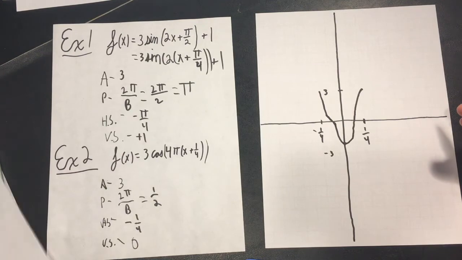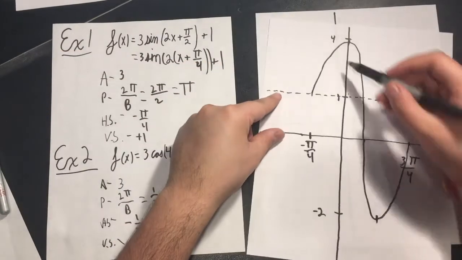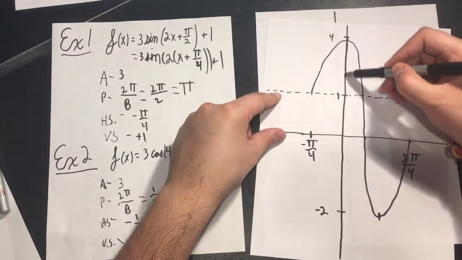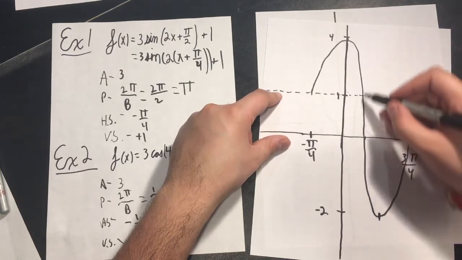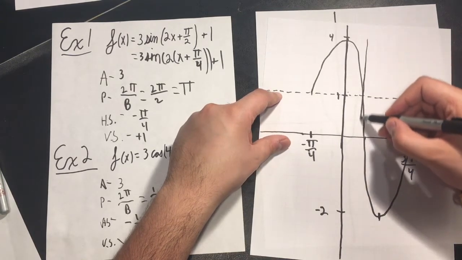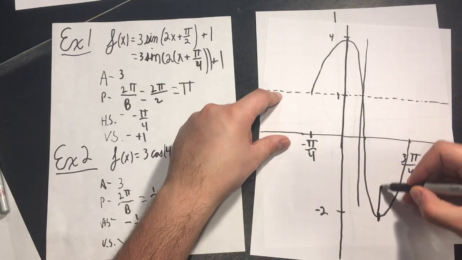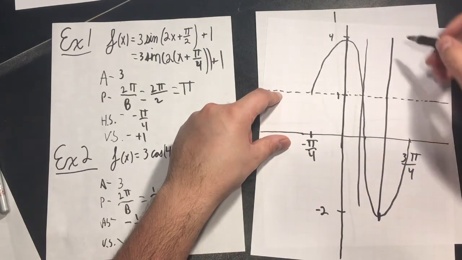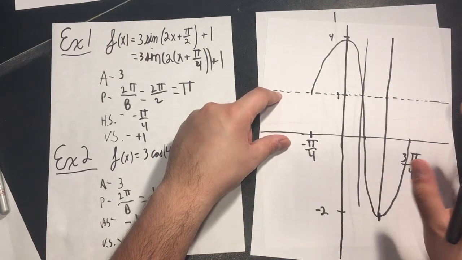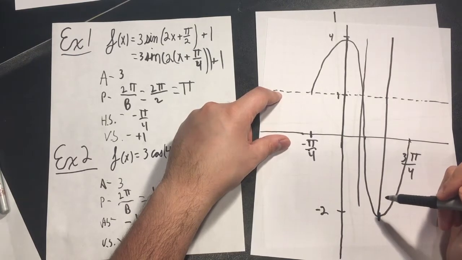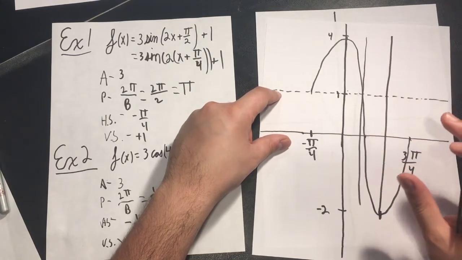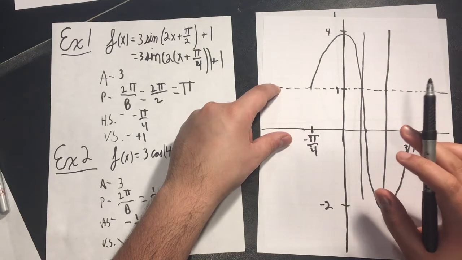You essentially have each of these graphs divided into 4 sections. There's your maximum, there's a midline, there's another midline, and there is your minimum point.